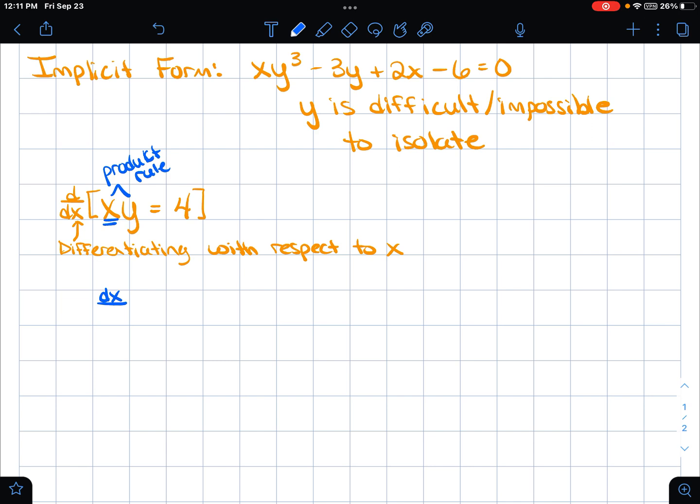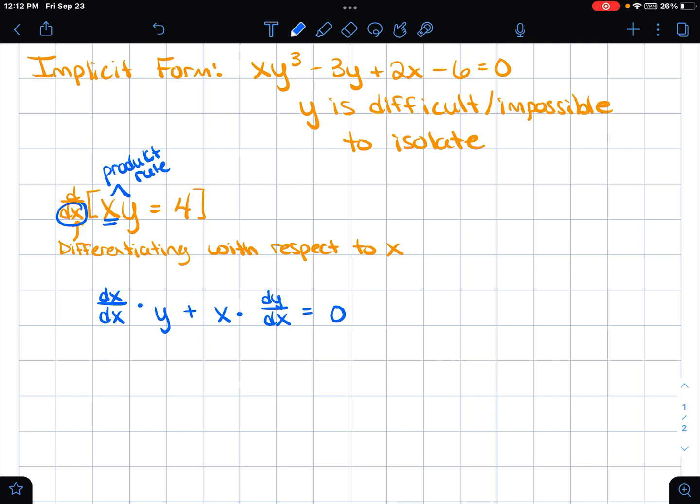How is x changing as x is changing? So that's the derivative of x with respect to x times y without changing it, plus x unchanged times the derivative of y. So what we're saying is, how is y changing as x is changing? And then since 4 is constant, no matter which variable we're differentiating with respect to, the derivative of 4 will always be 0.